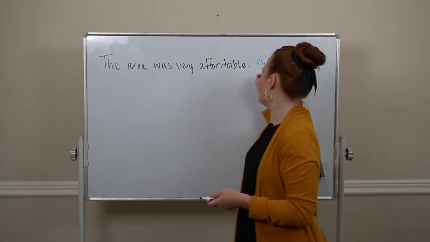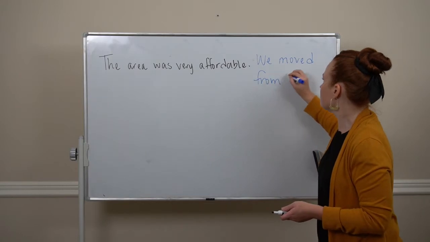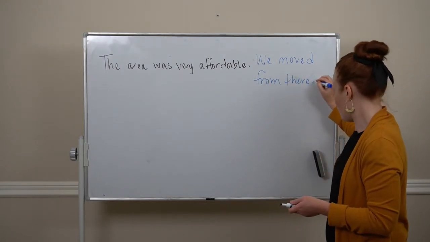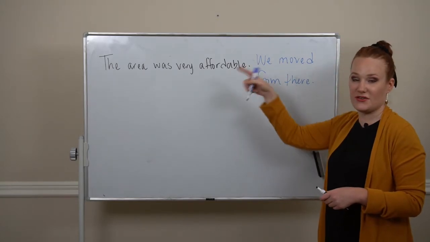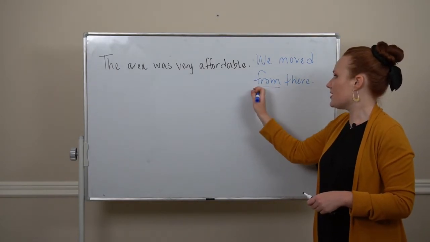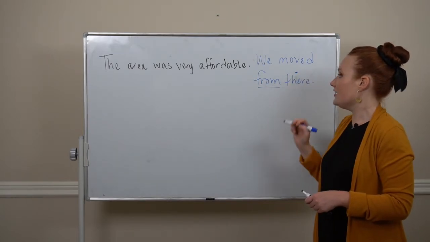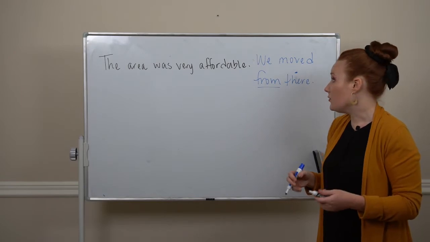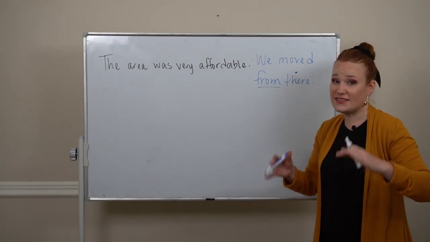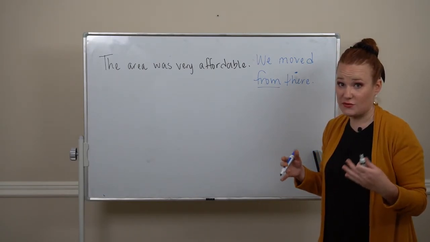We moved from there. So if I want to describe the area, that's there, here. Those are the same thing. So here's my preposition. That means there is the object of a preposition. So we can treat it just like a regular object if we want to.